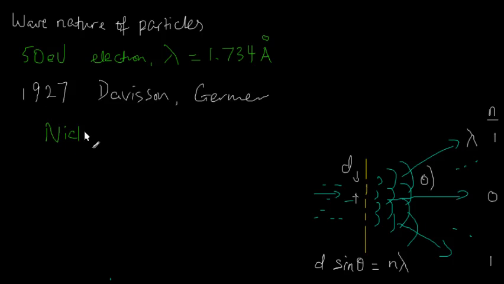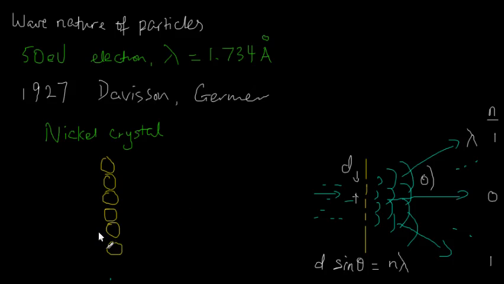a nickel crystal. Right? Nickel is a kind of metal, but they did not actually try to cut any slits into the crystal. What they did was they used the atoms in the crystal as the slits, because the atom itself would be maybe about an angstrom or two distance.